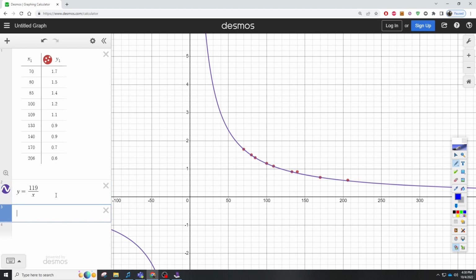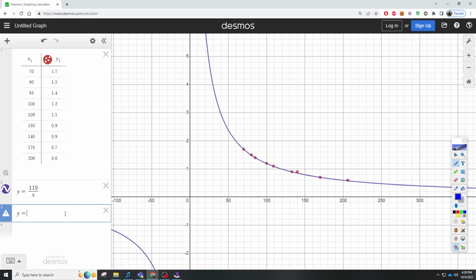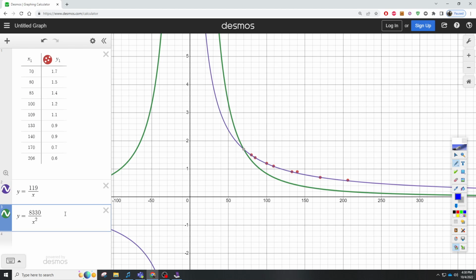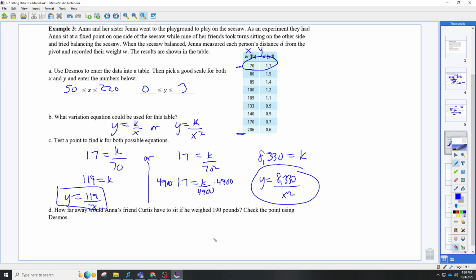And the other one we had was y equals 8,330 divided by x squared. So this one only goes through the one point that we looked at, and we don't have that at all. This one is much more steep than the other one. So we don't need the second one. The first one was correct. So we're going to take this one out and say, hey, it's y equals 119 over x. And we're going to use that in our last problem.